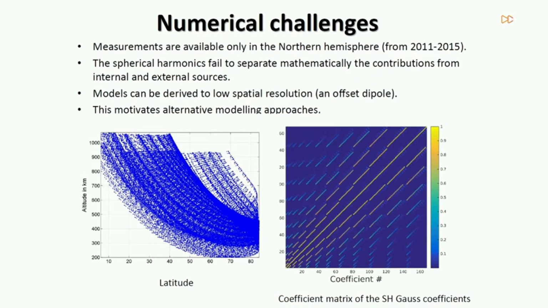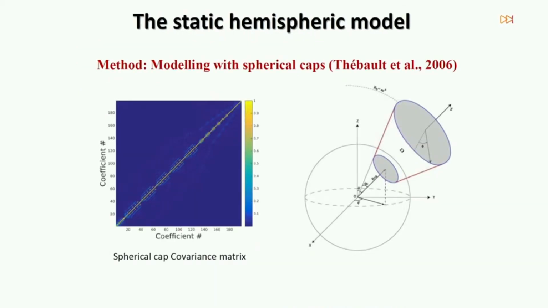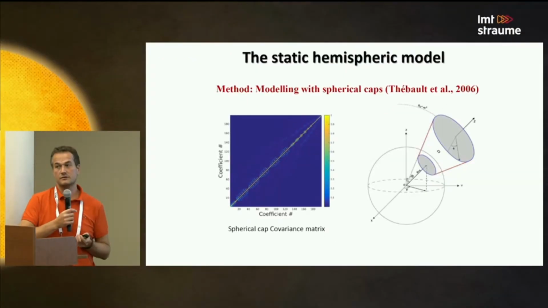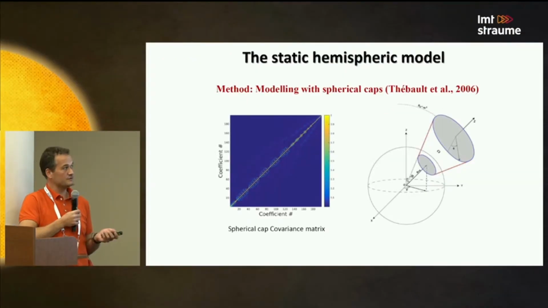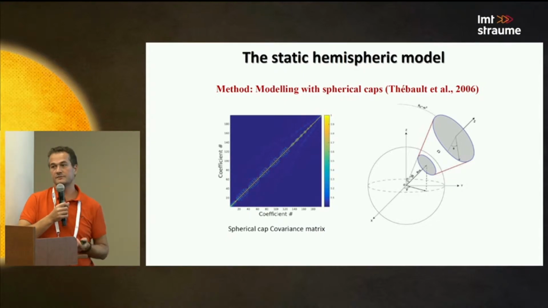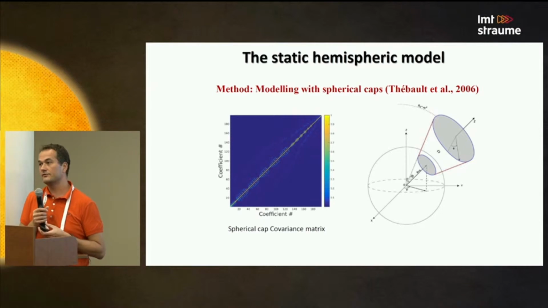Also the data distribution, as you see, is shown as a function of latitude here. It shows that at low latitudes you have high-altitude measurements, and when you go to higher latitudes you have lower-altitude measurements. So the configuration is not excellent. So we have been using a new method in this context. It's called spherical cap harmonics. The basic idea is to just consider a quasi-hemisphere here and to develop specific basis functions that are mathematically orthogonal.